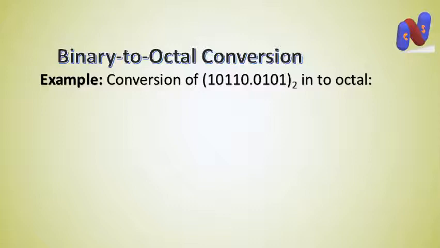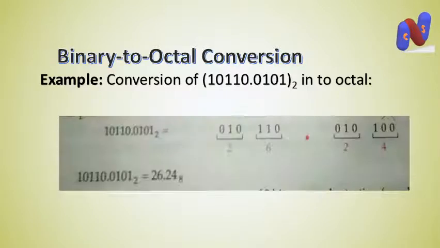In the example, we will convert 10110.0110101, which is a binary number. We have to convert it into octal. So you can see in the figure we have grouped all the binary bits in pairs of 3. Let's start from the right side of the decimal point, where it has been grouped 010, and the last one is 100.